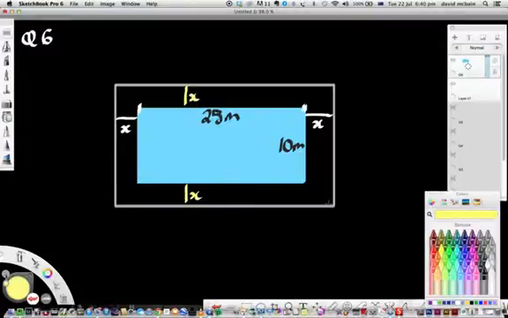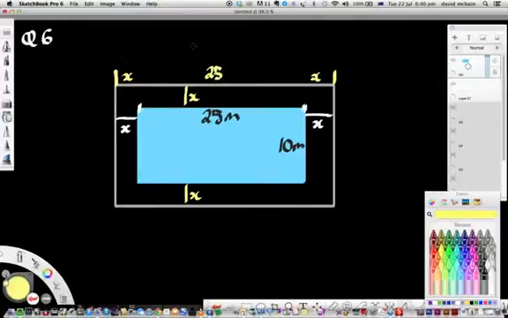So, an algebraic expression for the length of the pool and the path. Well, the length of the pool and the path is from here to here. That's the length of the pool plus the path. So it's going to be x plus 25.